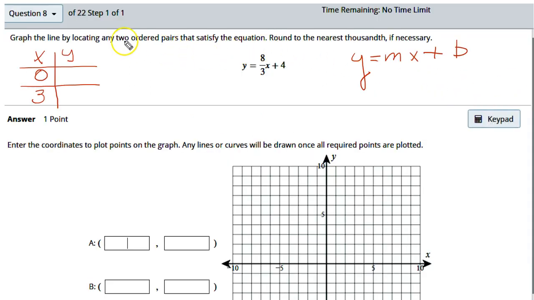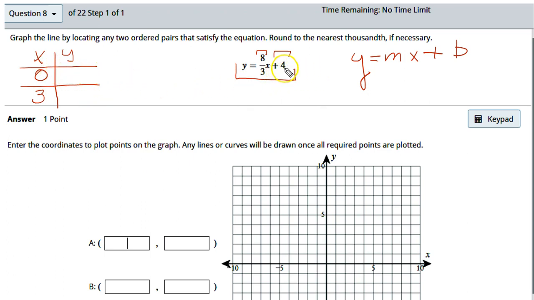Now as we go on to number 8, here we see an equation that's in slope-intercept form. So this is the slope, and then this is the y-intercept. Now, they want you to find 2 points that you would place here, and a good way to do it would be to make a little t-chart.